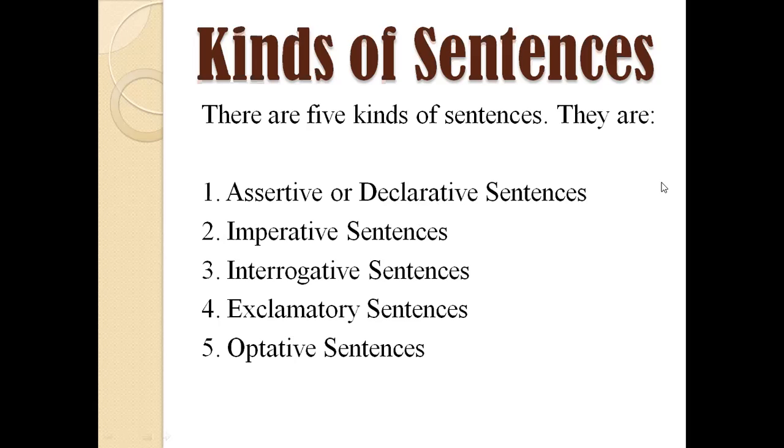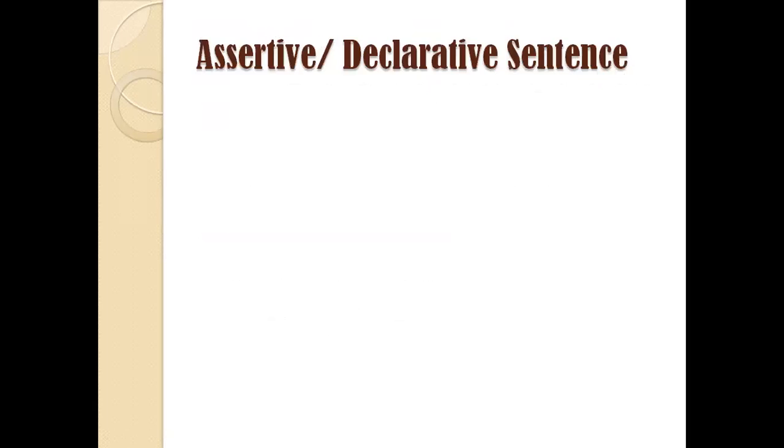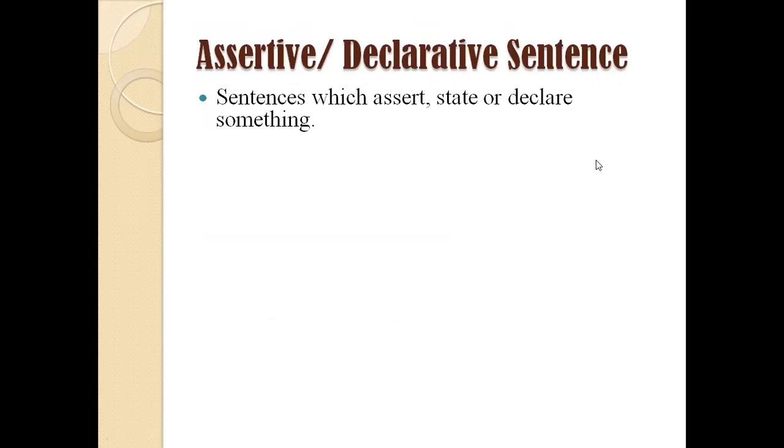Let's take a look at how to define them. First, assertive or declarative sentence. So what is an assertive sentence? A sentence which asserts or states or declares something is called an assertive or declarative sentence. So what do they assert?